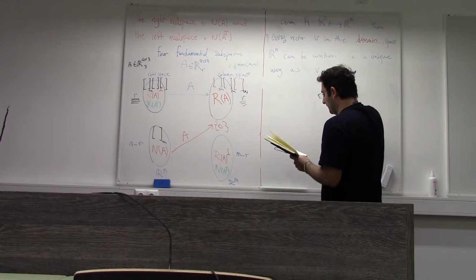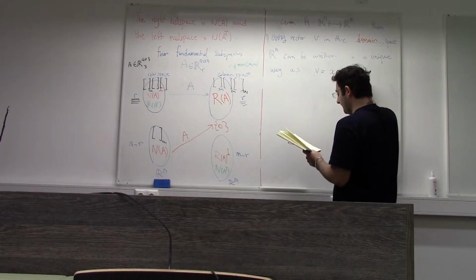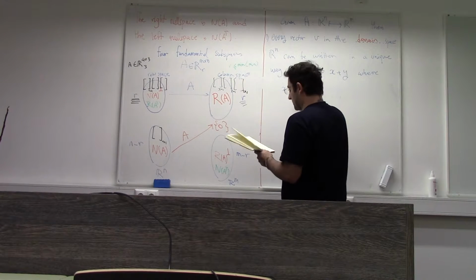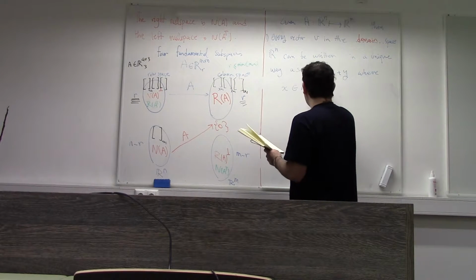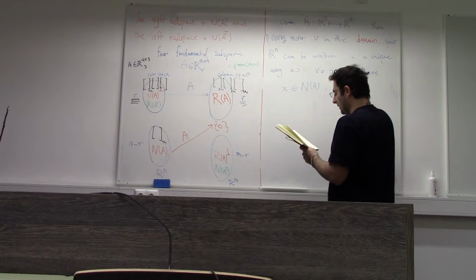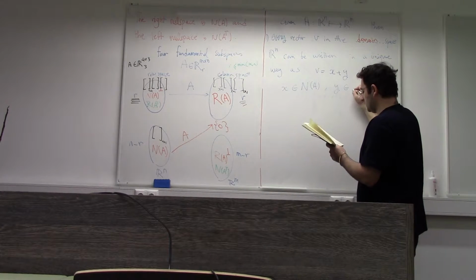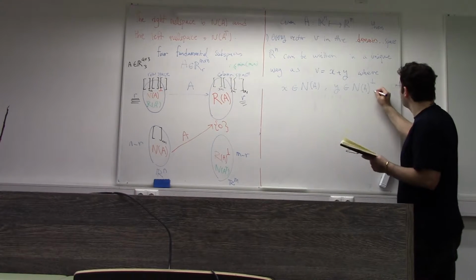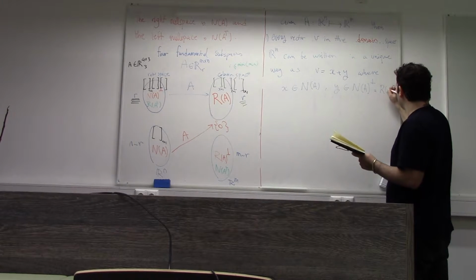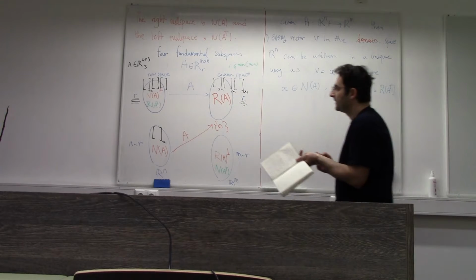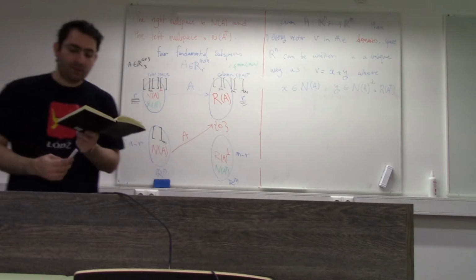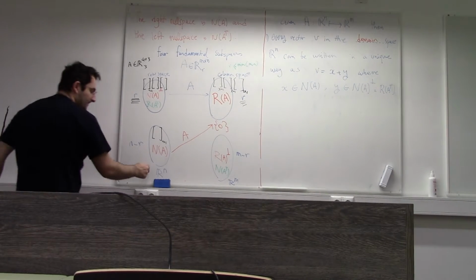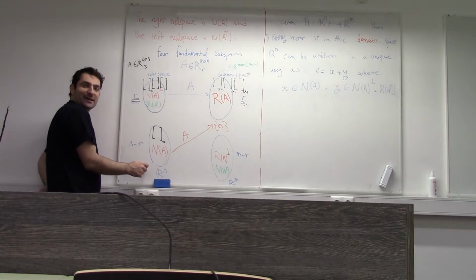V is equal to x plus y, where x belongs to NA and y belongs to NA orthogonal, which is, we know, R A transpose. So any vector that I have, in other words, my Rn, look at here for a second, please.